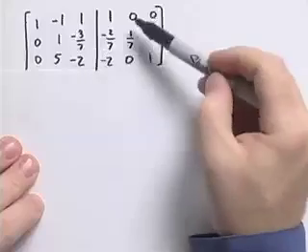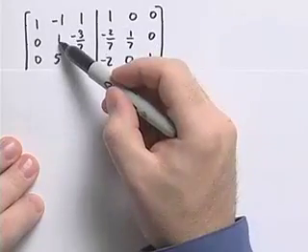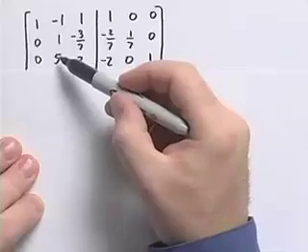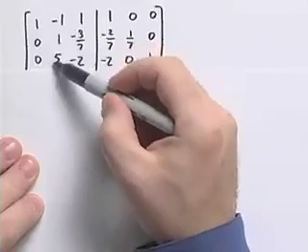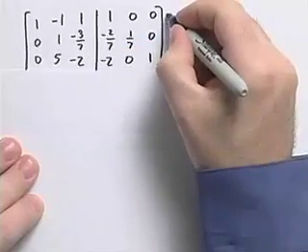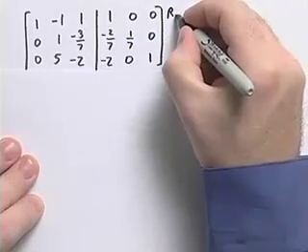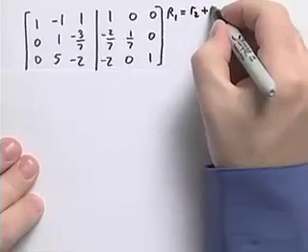Here we've rewritten our last matrix from the previous page. We've got our 1 here and our 2,2 entry. Our next step is to get a 0 below the 1 and a 0 above the 1. To do that, our new row 1 is going to just be row 2 plus row 1.